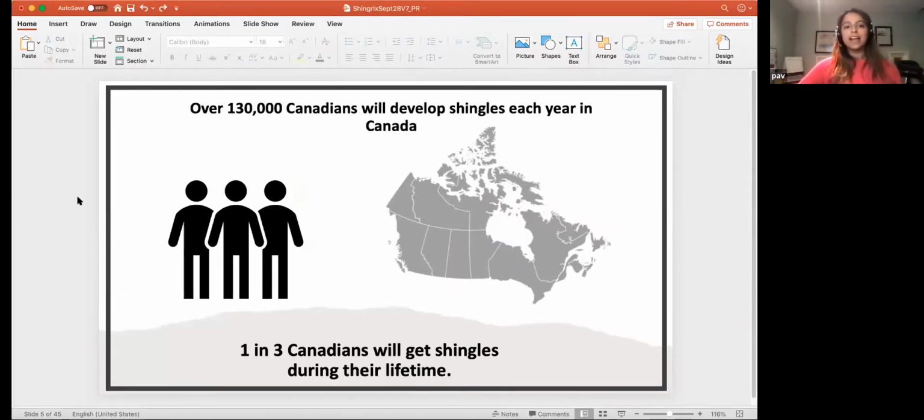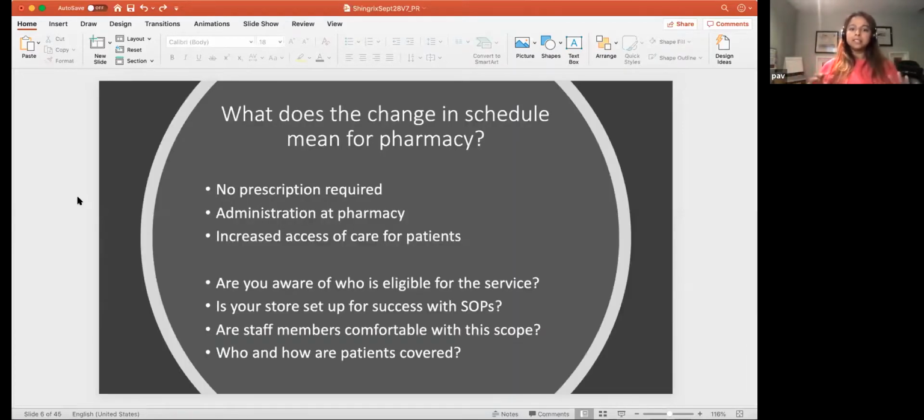And it's important to have these facts on hand because a lot of people don't fully understand shingles and they have a lot of misconceptions and misinformation about it. It's really making sure that we have some of these facts on hand that'll help us deliver that point so our patients will have a better understanding of why it's important that they get vaccinated against this.